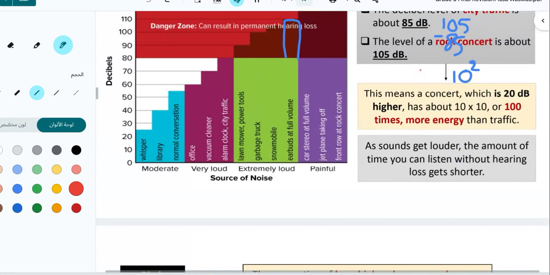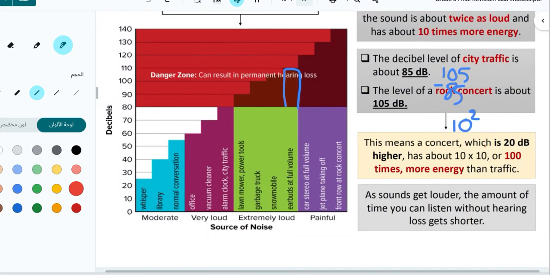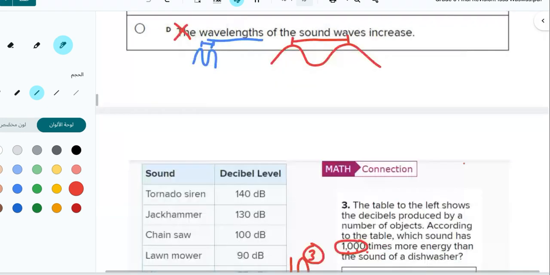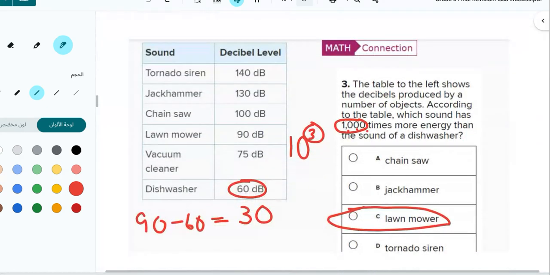Because remember here we had 20, a difference of 20 decibels, so we did 10 squared, or 10 times 10. Here we're moving in the reverse direction. We have 1,000 times more, so that is 10 cubed, and we figure out that cube just by counting zeros. How many zeros do you have? 1, 2, 3. So that's going to be cubed.